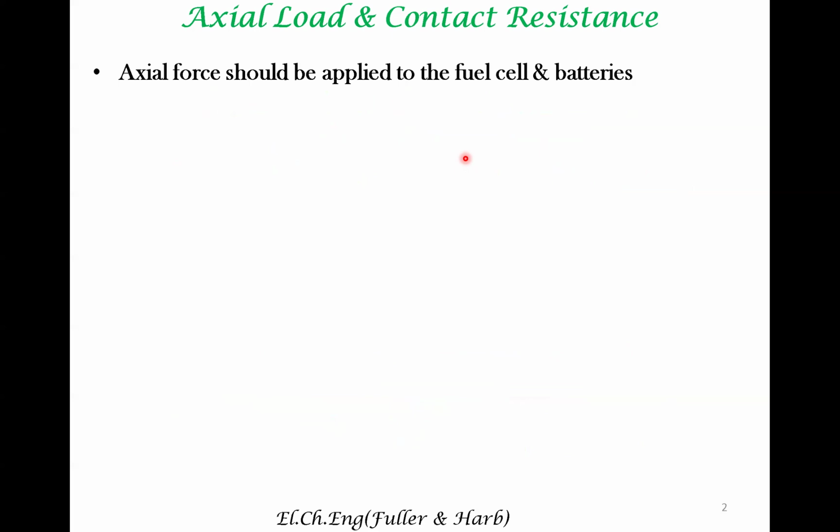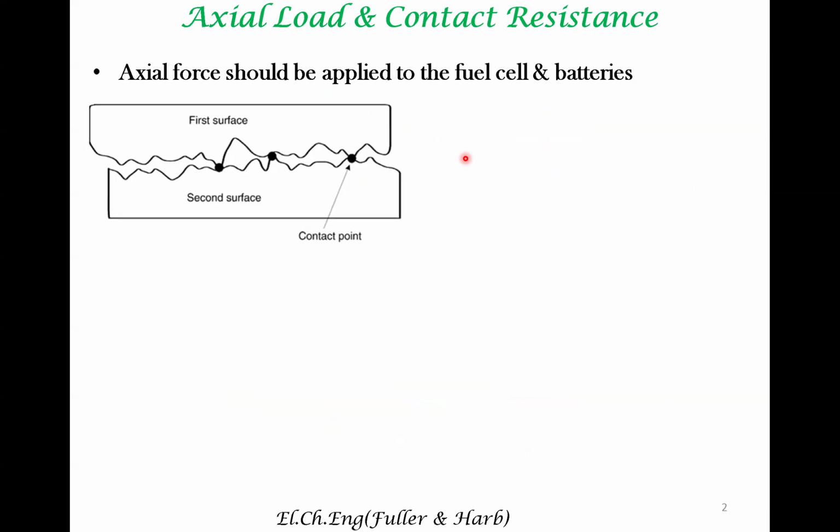A way to think about its utility is via this schematic. Supposing you have an interface between two electrochemical components. This can be an electrolyte, this can be an electrode, and both are made up of solids.